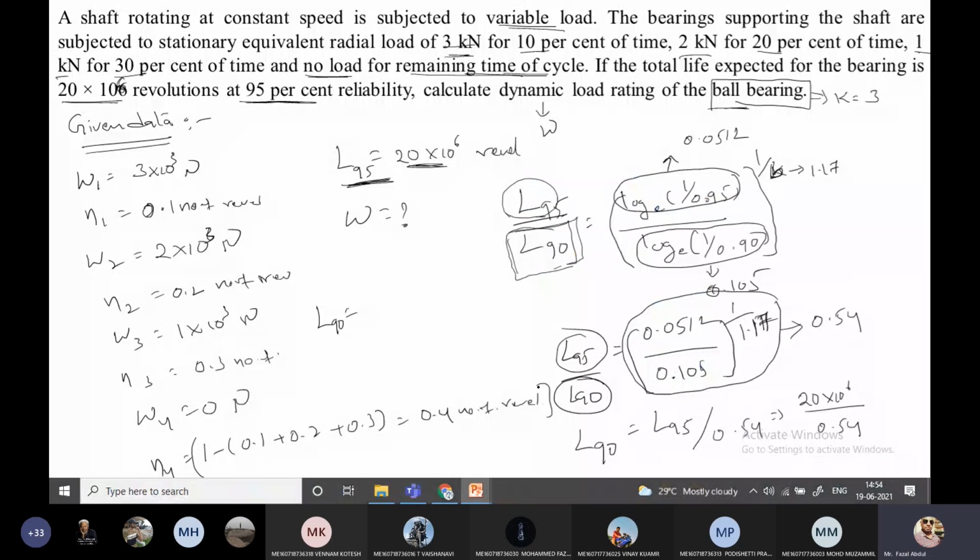Everything is written on screen. Just tell me the life of the bearing for 90% reliability, because the question is given 20 into 10 to the power of 6 revolutions for the 95% reliability. So we are calculating 90% reliability.